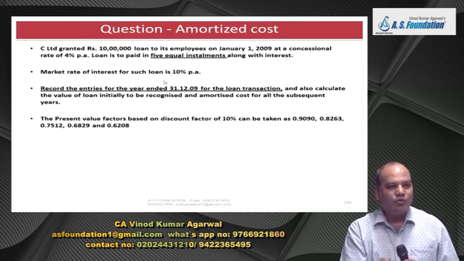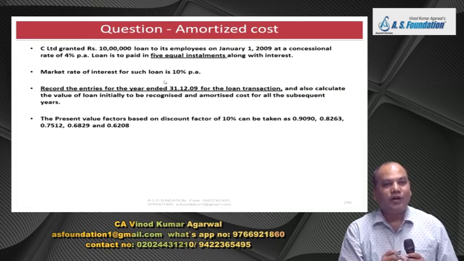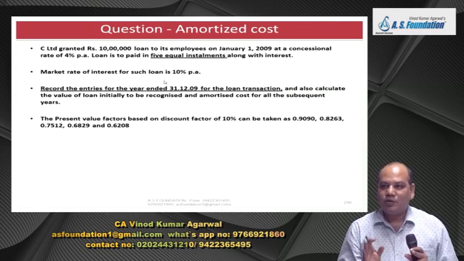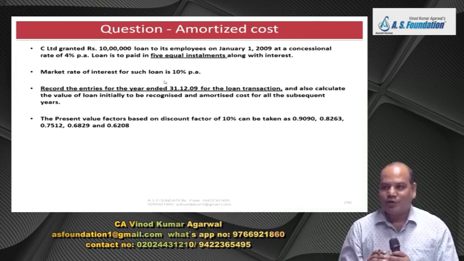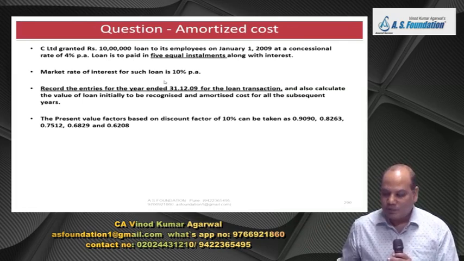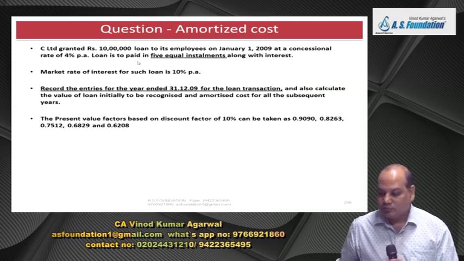Why otherwise will you charge a low rate of interest to employee? It is a reward for rendering the service. Reward for rendering the service means it's like a benefit given to the employee. So that benefit is to be shown as employee cost, not as a finance cost. Is it right? It's a form of benefit the company is giving. So that should be accounted as employee benefit cost.